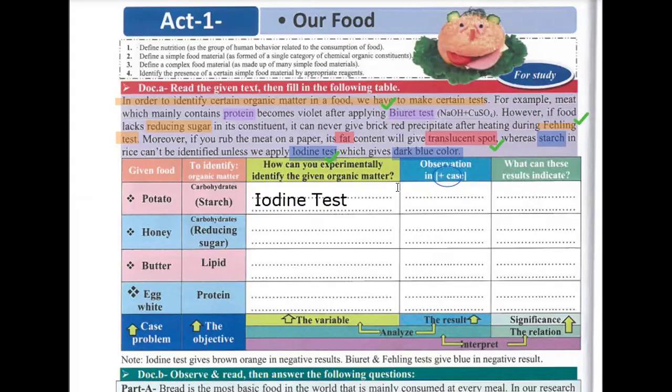It gives a dark blue color. If we do the iodine test on a potato and it gives a dark blue color, what does this indicate? This indicates that potato contains starch.